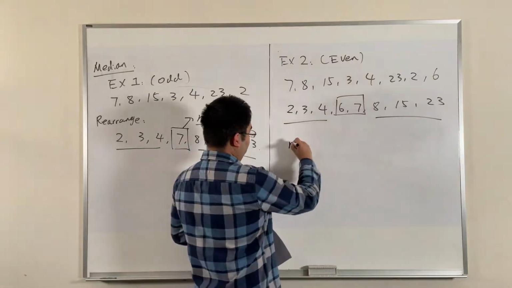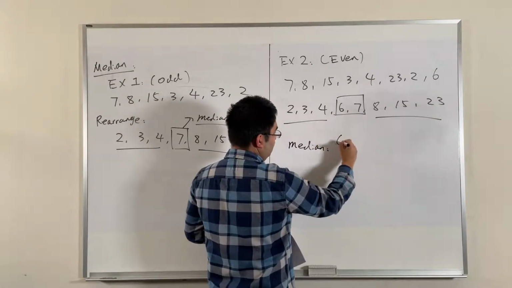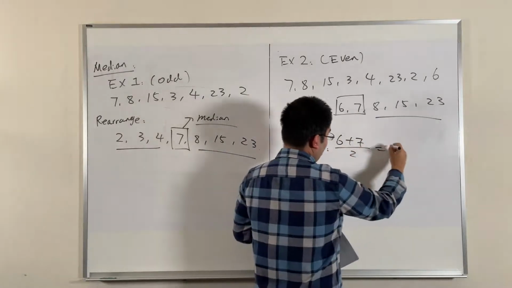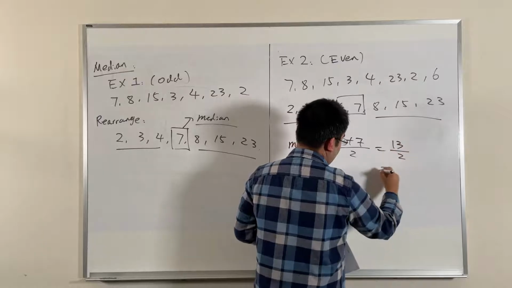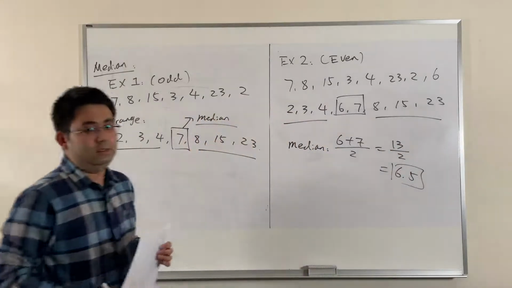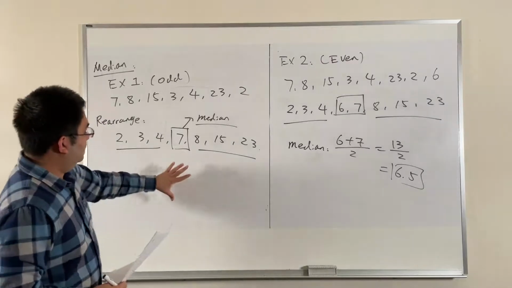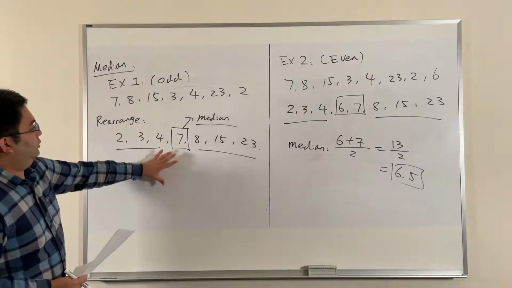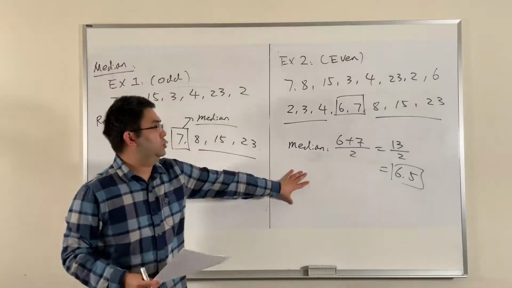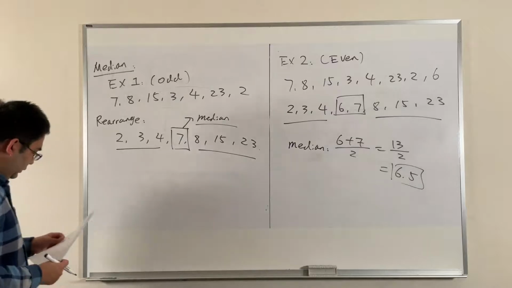So your median is the average of 6 plus 7 divided by 2, and 13 divided by 2 is 6.5. So in this case, 6.5 is your median. This case shows you an odd number of data points, and this one shows you an even number of data points. Okay, cool.